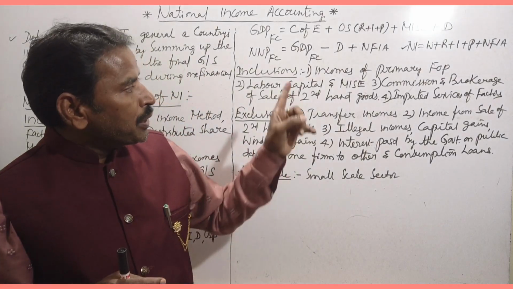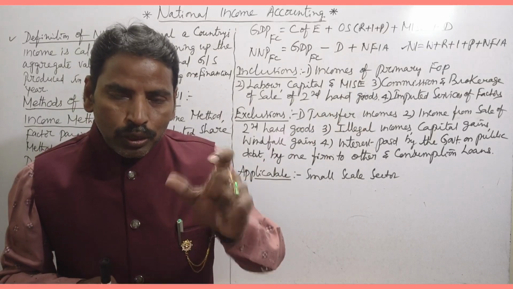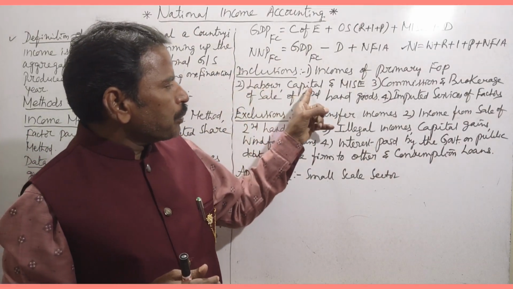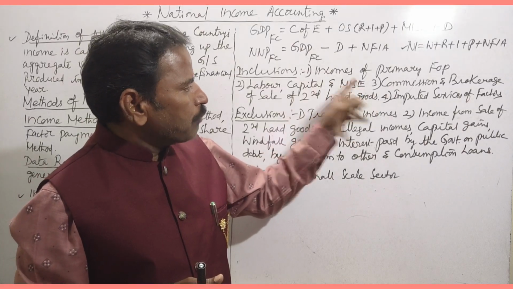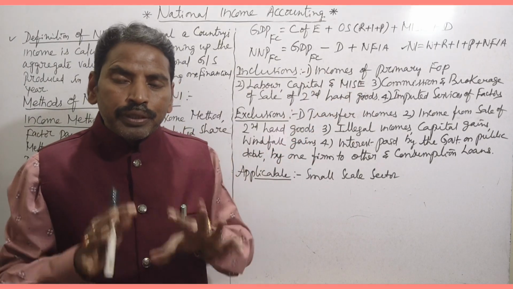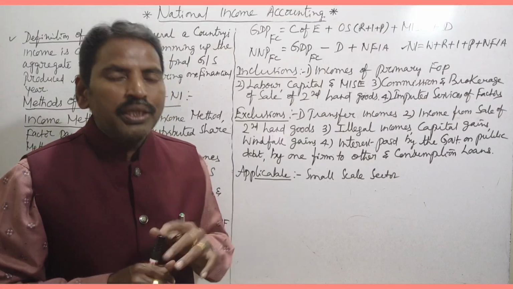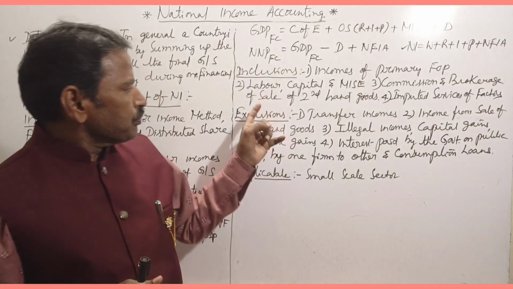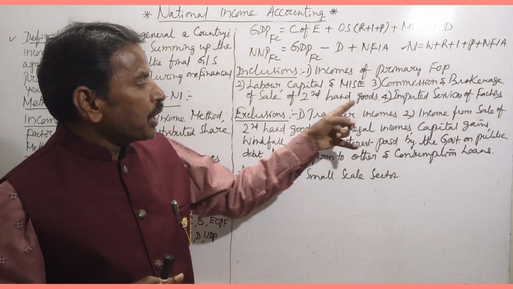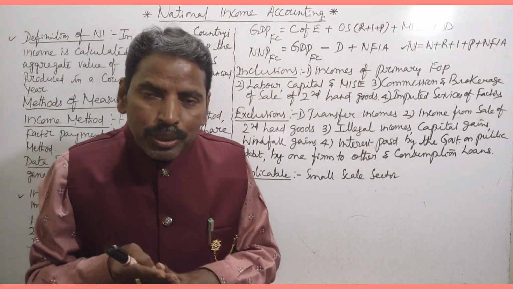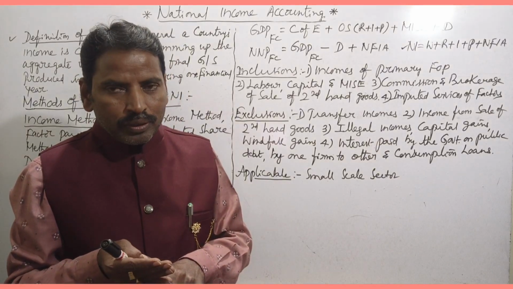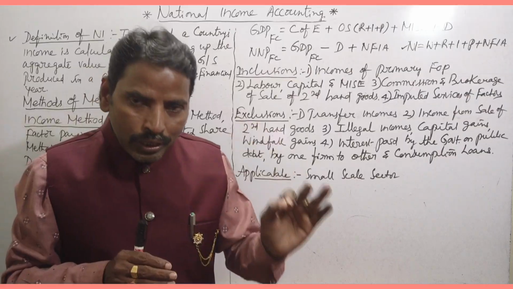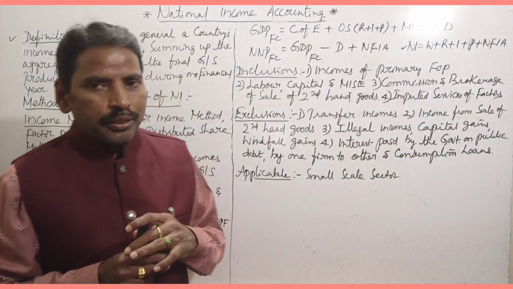Second is labor income, capital income, and mixed income of the self-employed. All three types of income are included in national income. Third is commission and brokerage on the sale of second-hand goods. Only commission and brokerage on the sale of second-hand goods are taken into consideration to calculate national income.